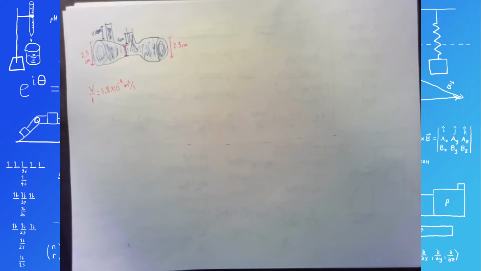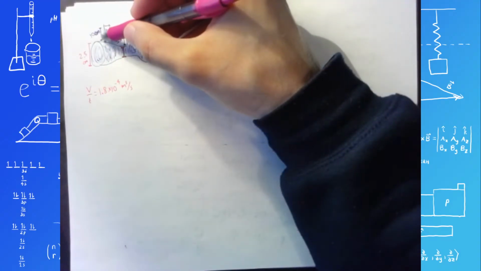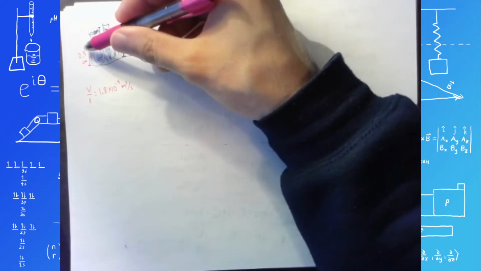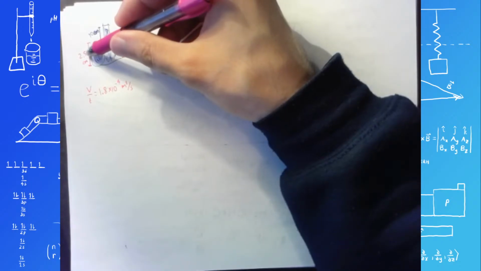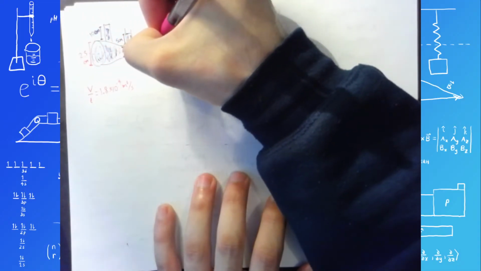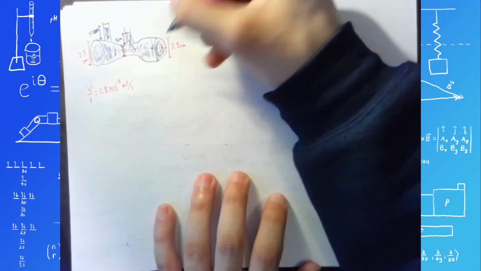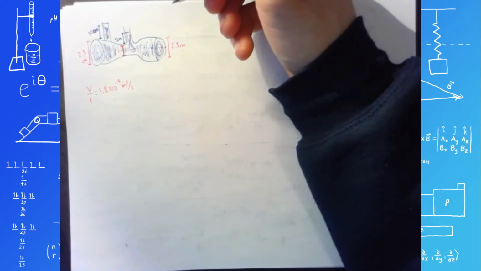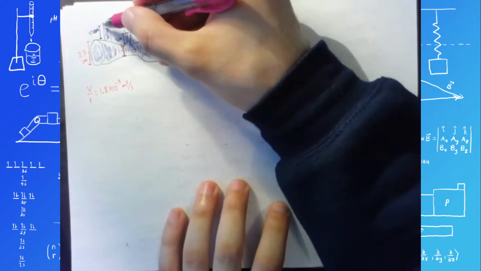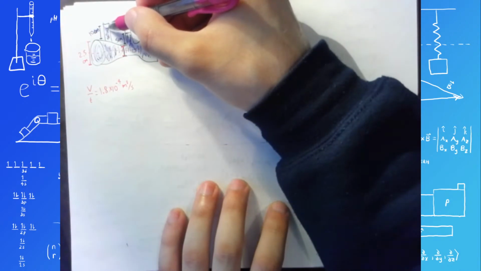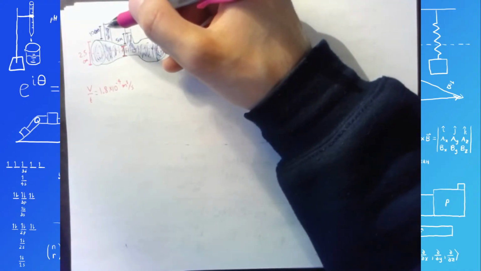So let's see what we can do. This is 1.25 centimeters above this center line, so I'm going to draw this central line over here. And this liquid, did they say it was water?